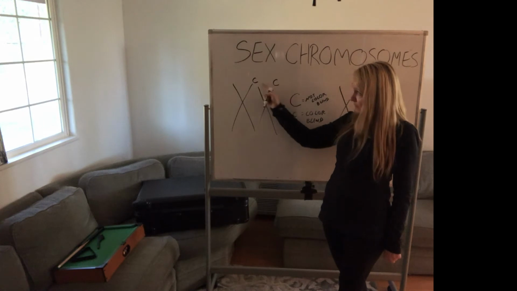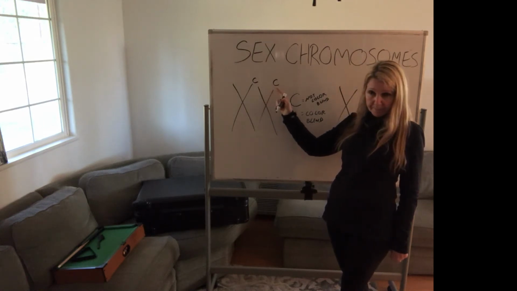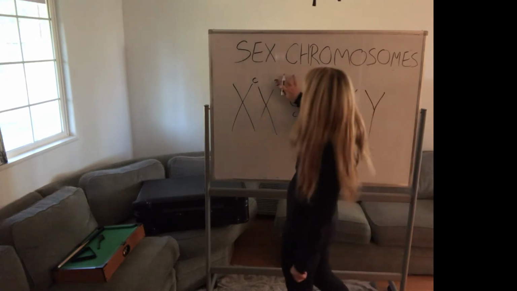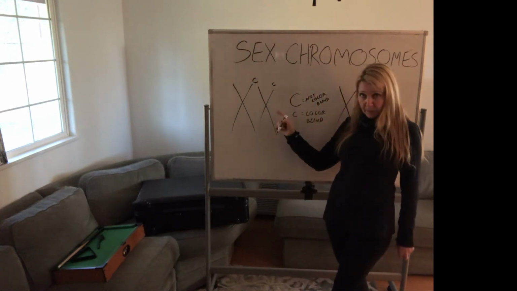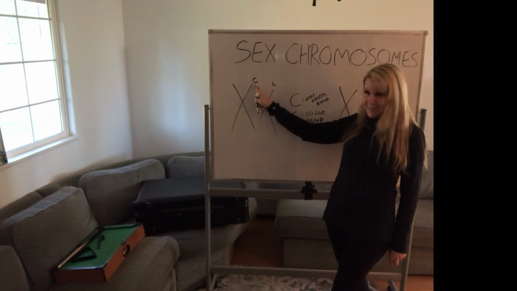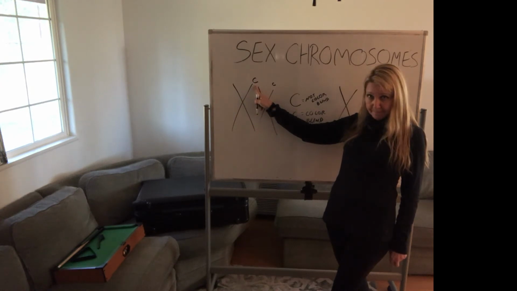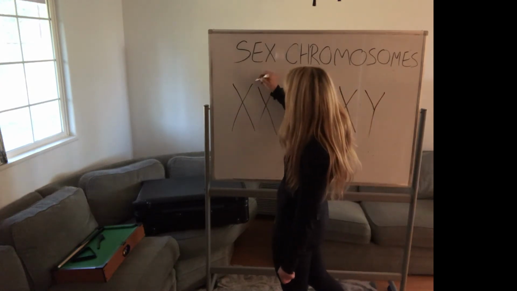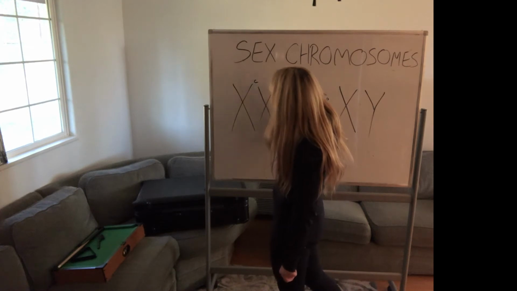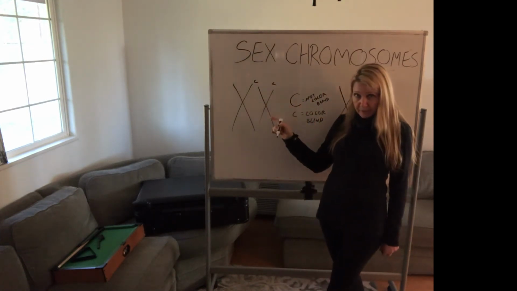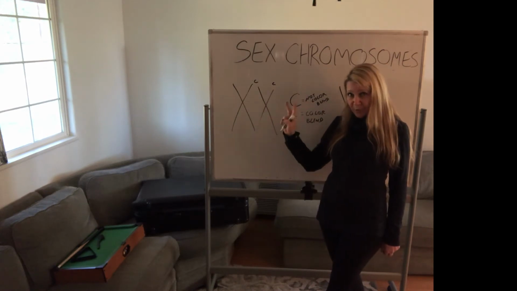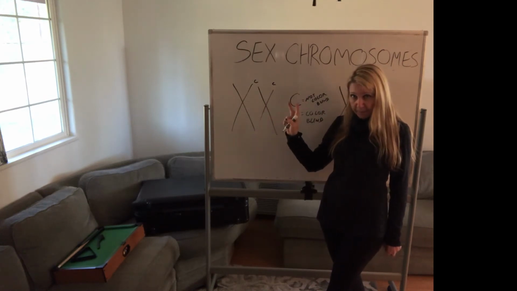Not colorblind. Big C, big C. Okay? If the female is big C, little c, she still is not colorblind because she has one big C. However, if she's little c, little c, then she's colorblind. But notice she needs two of them to be colorblind.